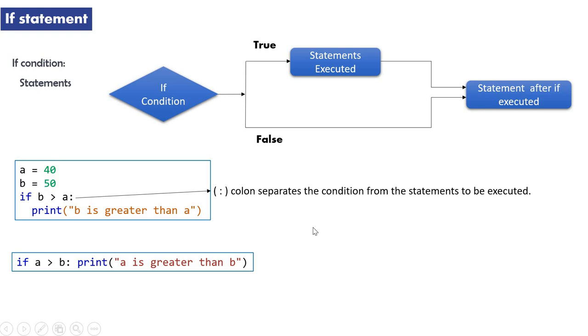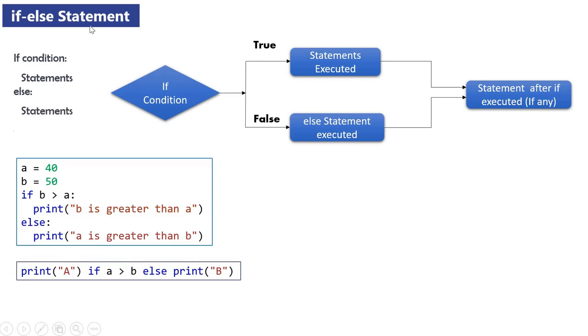This is the example. Let's see the other way, the if else statement. In the if else statement, if there is a particular condition and that condition is true, the statement under it will be executed. And if the condition is not true, then the control will go to the else part, and else will have some statements that will be executed. Let's understand it through the chart. Let's say we have a condition and that condition is true, then the statement is executed.